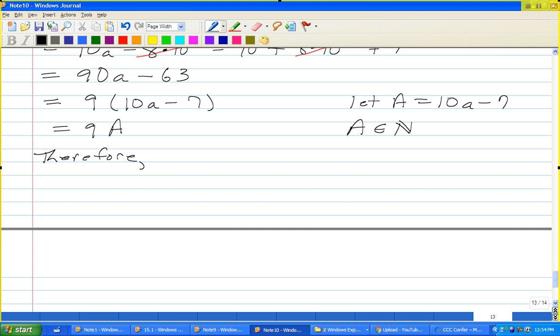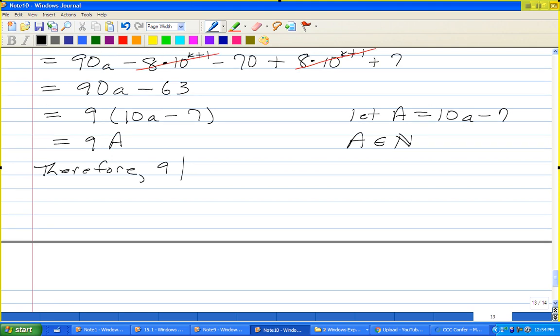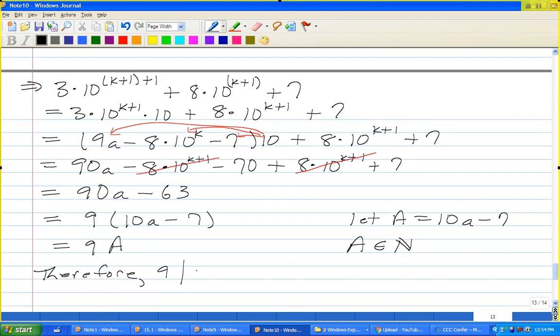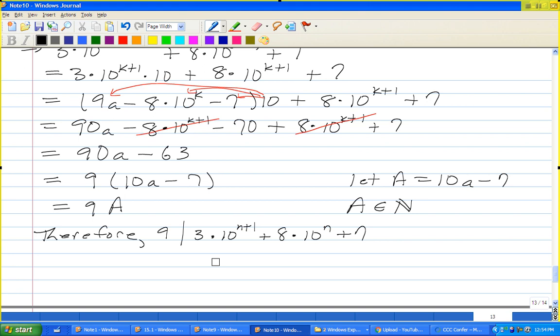Since the initial case and the induction case held, then I've shown that 3 times 10^(n+1) plus 8 times 10^n plus 7 is divisible by 9 for every natural number n. And that's what I wanted to show.